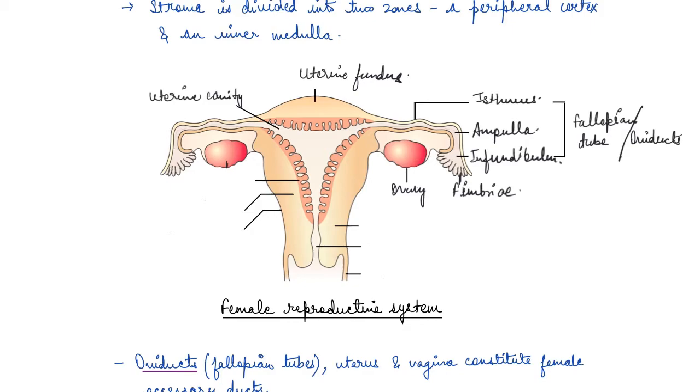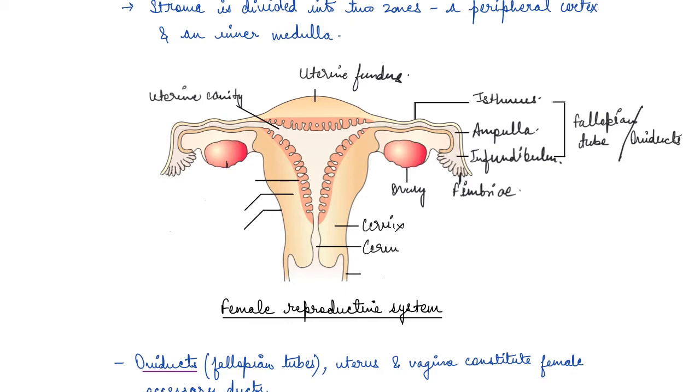Now the uterus opens into this, right? The uterus opens into vagina through a narrow cervix. So if I have to now label the later parts as well, this is the cervix.